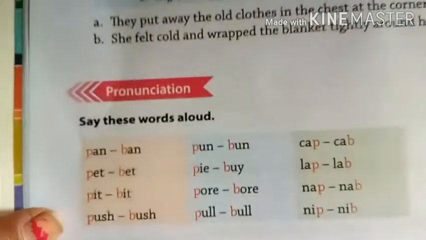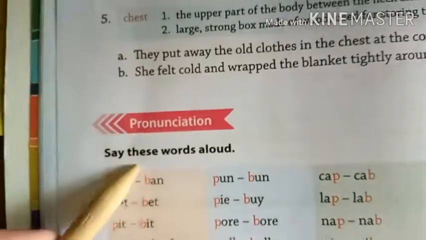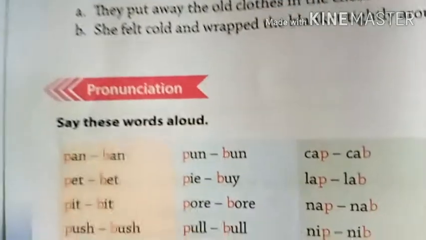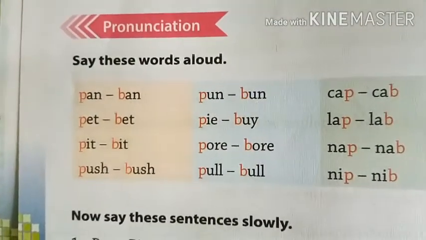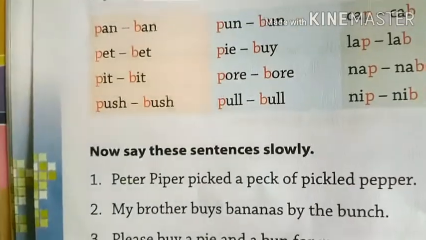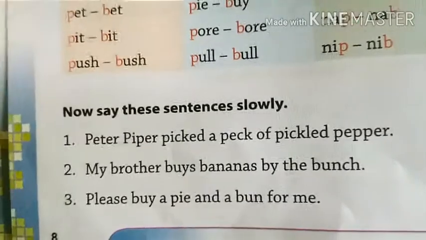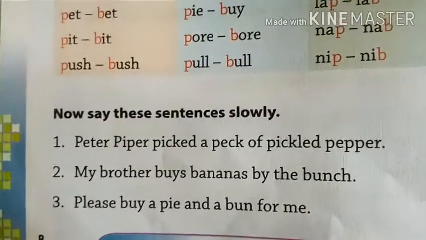Student, next is say these words aloud. These words you read firstly, then write in your English notebook. Now say these sentences slowly. Only read these sentences.